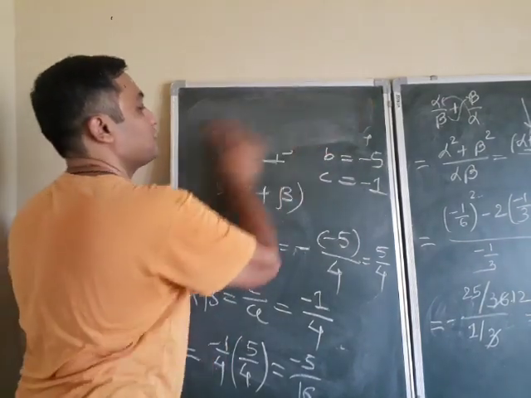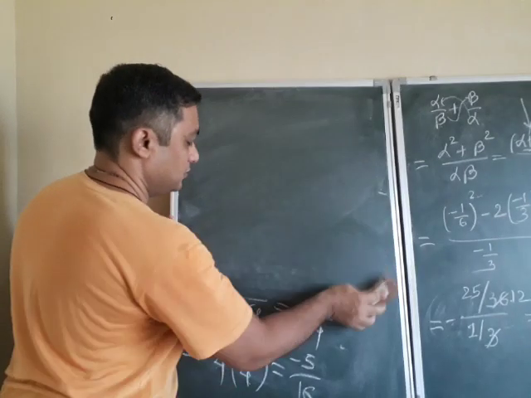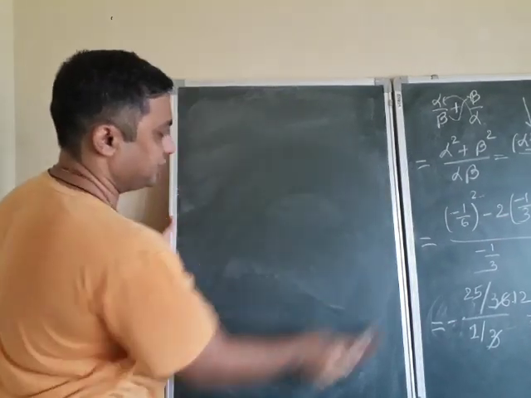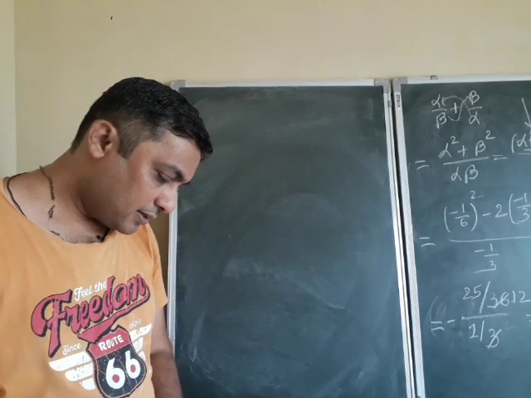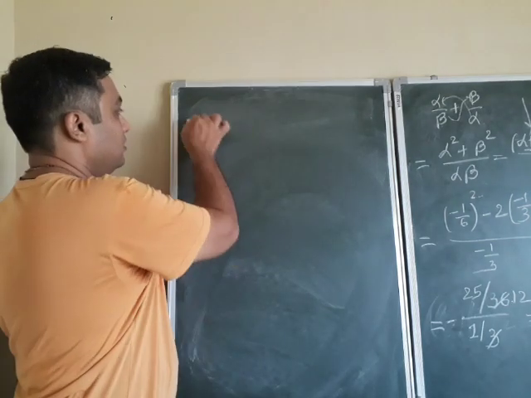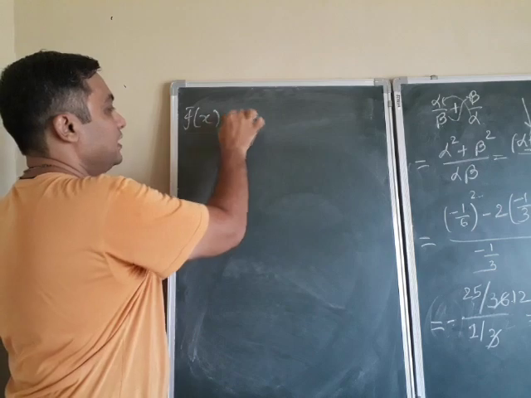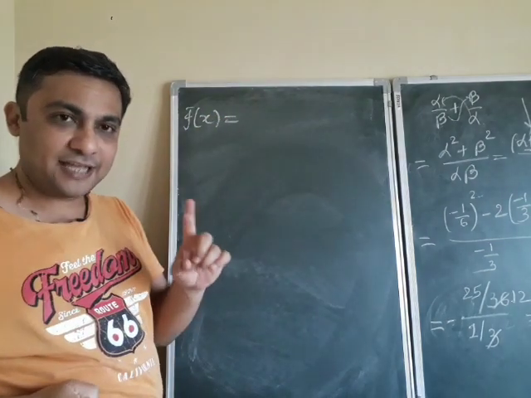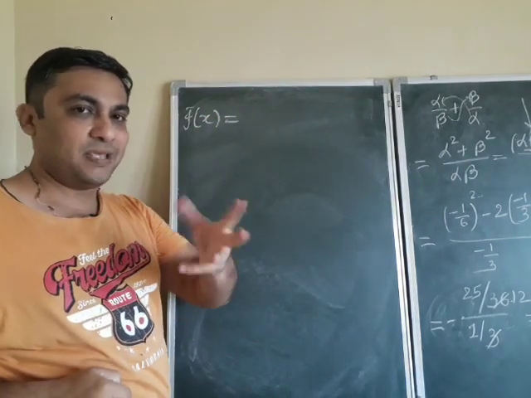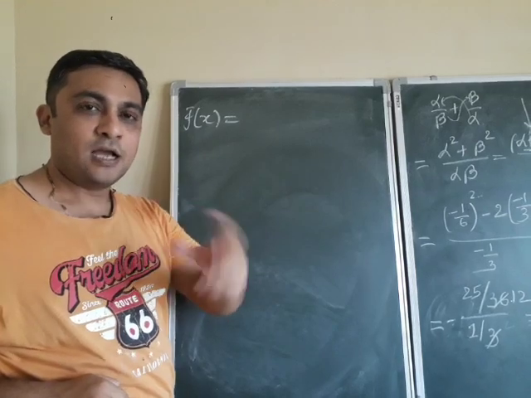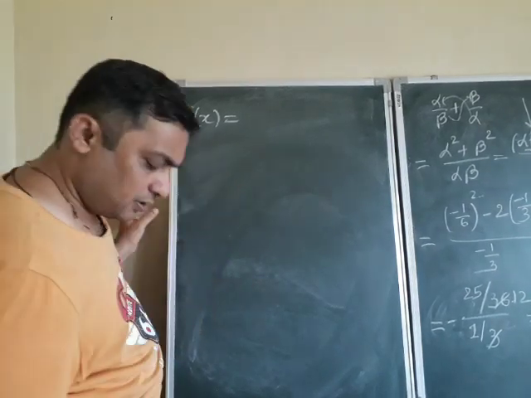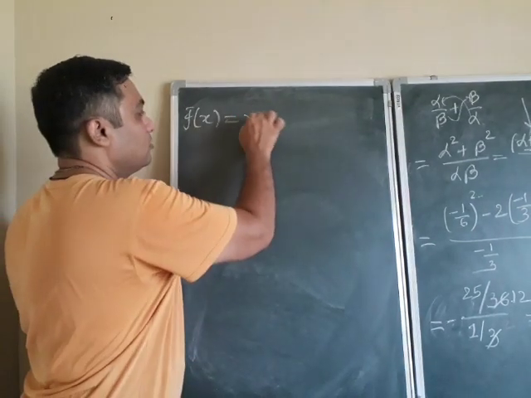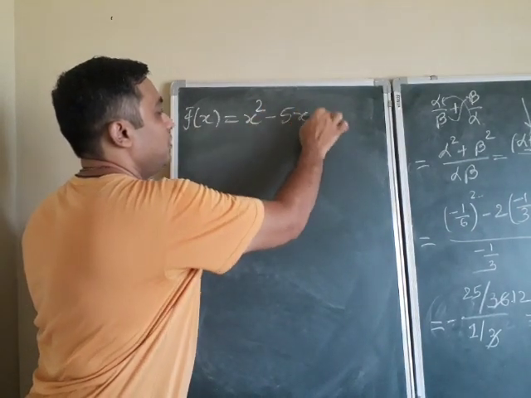One more we discuss. Last example. It's interesting. See here, alpha and beta are the zeros of the polynomial. Here they change the name to f of x. Already I said the names are different, maybe f of x, p of x, q of x, r of x, g of x, h of x. Okay, don't confuse. f of x is x square minus 5x plus k.